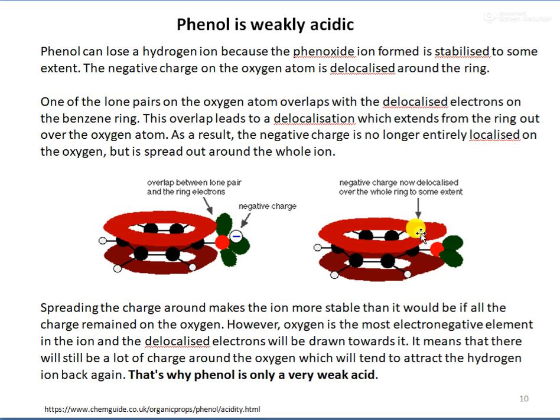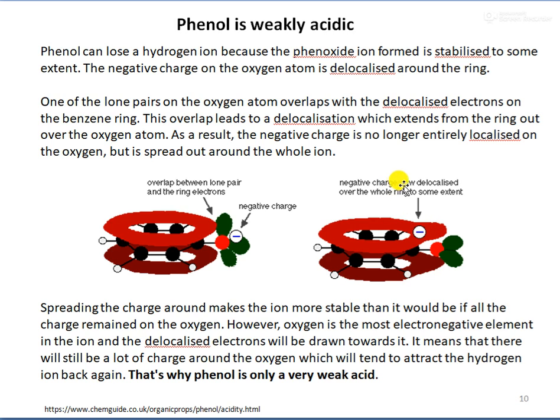But still, the oxygen atom is more electronegative when compared to the carbon atoms of the benzene ring. Therefore, there will be a slight shift of this electron density towards the oxygen's region. Even though there is delocalization, there will be a slight extra electron density at the region of the oxygen.